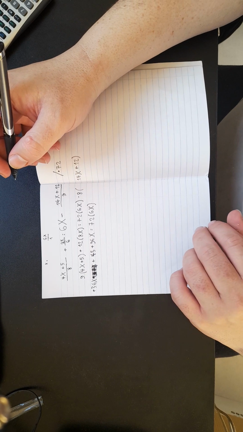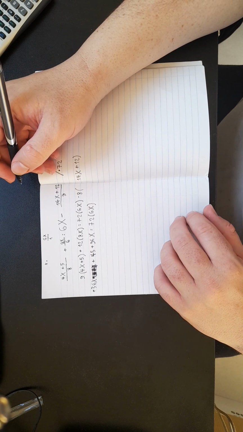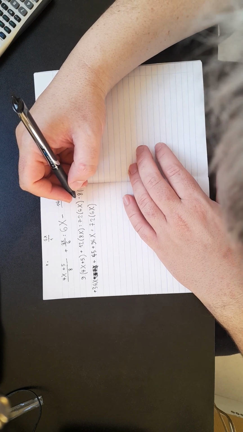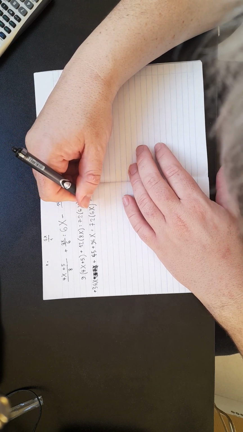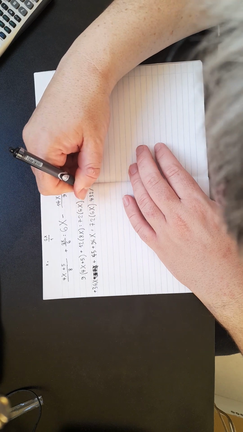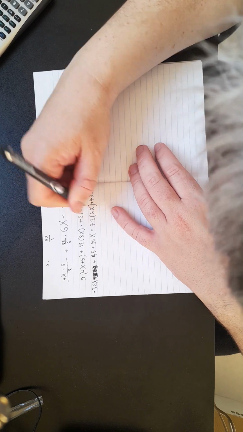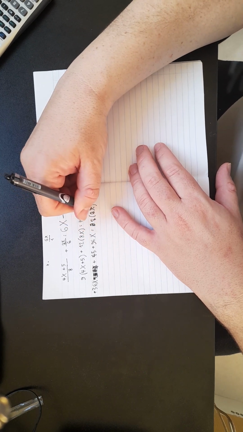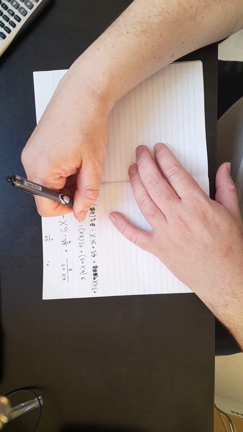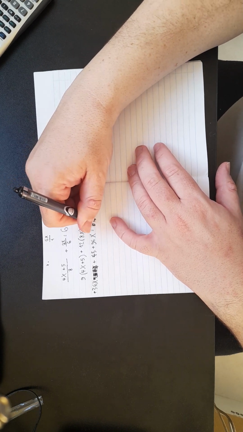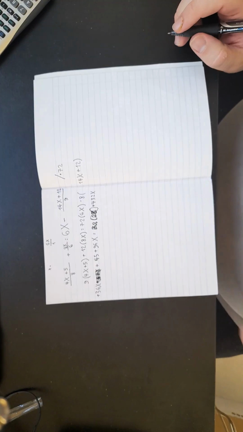So you can write 432x. Now this I shouldn't write, so I delete it. That doesn't have to be here.